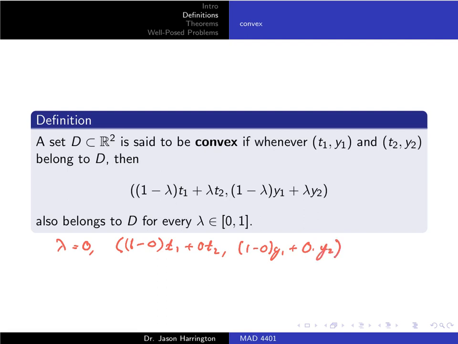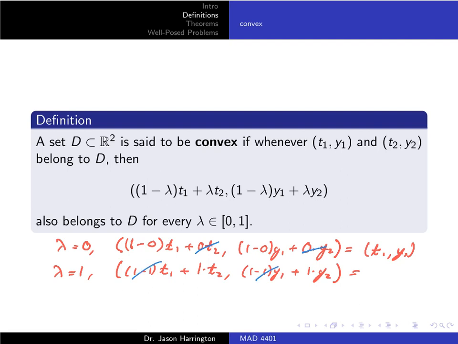And you see that these terms go away, and I'm just left with the first point, t1, comma y1. And then, if I say lambda is equal to 1, then I'm going to have 1 minus 1 t1 plus 1 times t2, comma 1 minus 1 y1 plus 1 times y sub 2. So in this case, what you see is that the first point goes away, leaving you with just the second point.